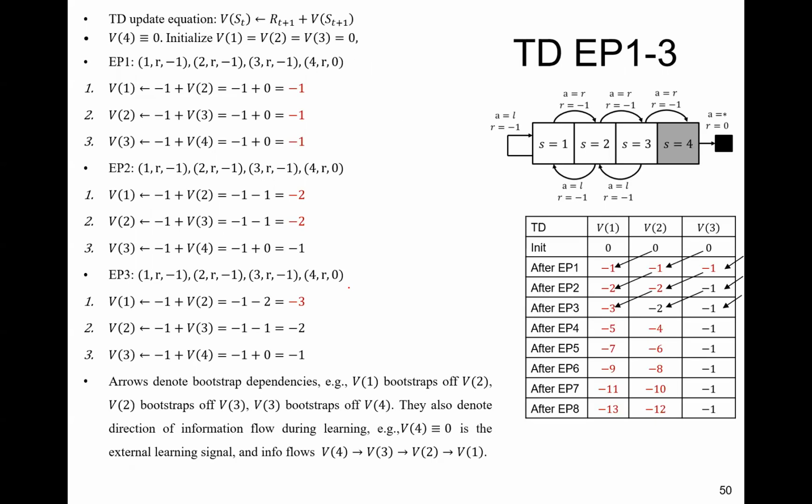So for TD, for the first episode of 1, 2, 3, 4, you have this sequence of updates. V1 bootstraps off V2, V2 bootstraps off V3, V3 bootstraps off V4. So the first episode. Second episode, another round of bootstrapping, you get these results.